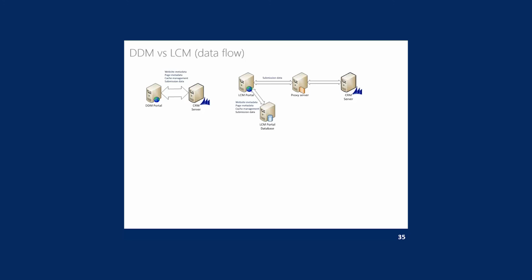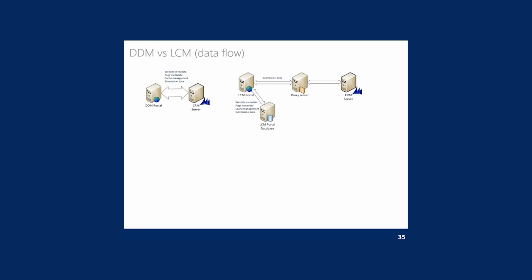Then once the submission is done, a subset of the data will go to the CRM server, and you can see that we can add a proxy server here. We can do the queuing of this data and do much more with it, so that once it comes to the CRM server, less data is needed than in the case of the DDM.